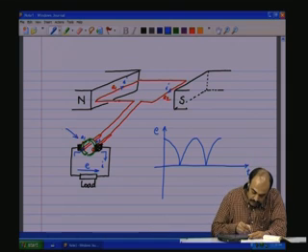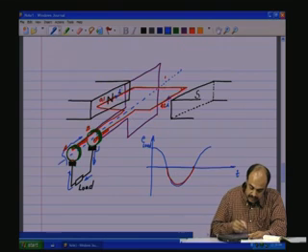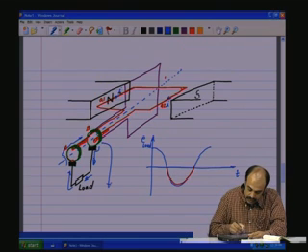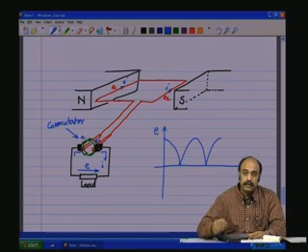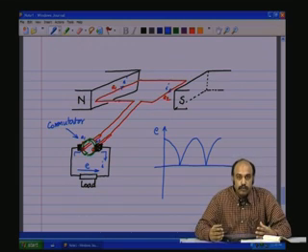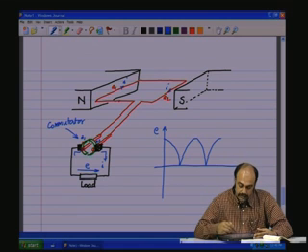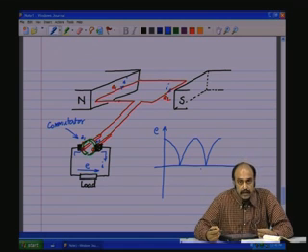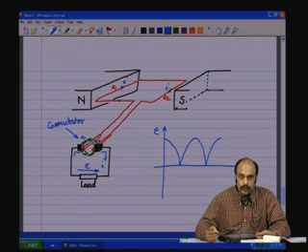This is called the commutator. The way the ring was formed in the AC machine is called the slip ring. So the commutator can be used for obtaining a rectified waveform at the output, and thereby we get a unidirectional induced voltage, and therefore that would be a DC output.